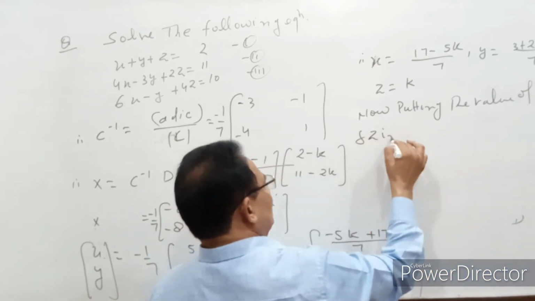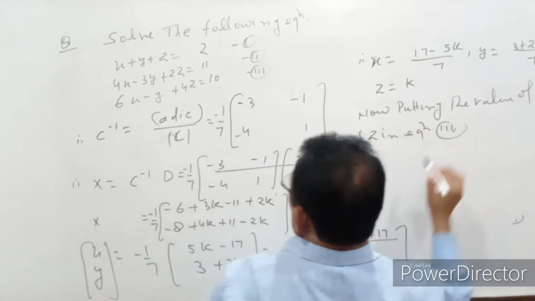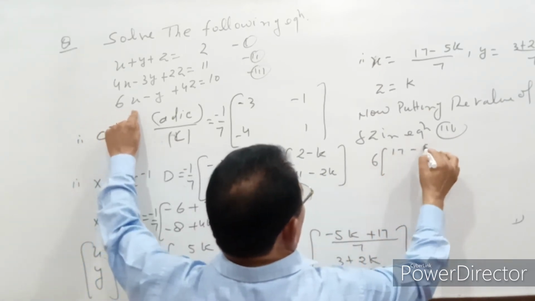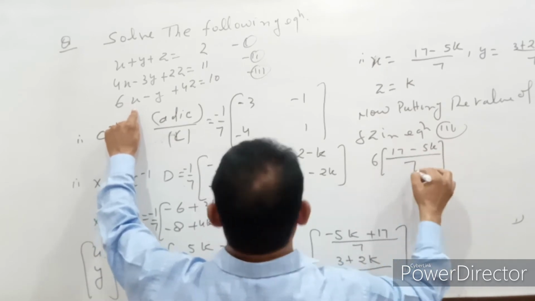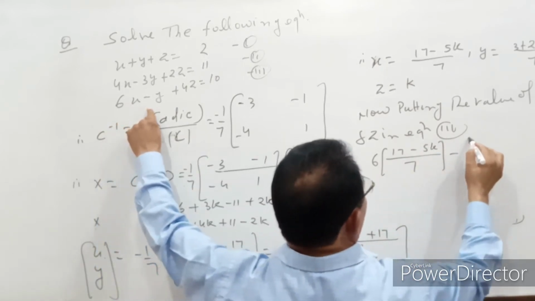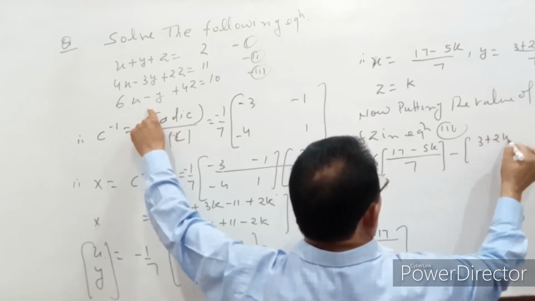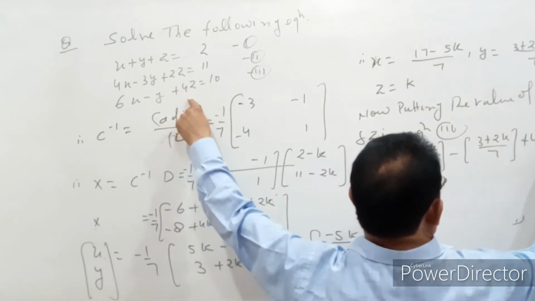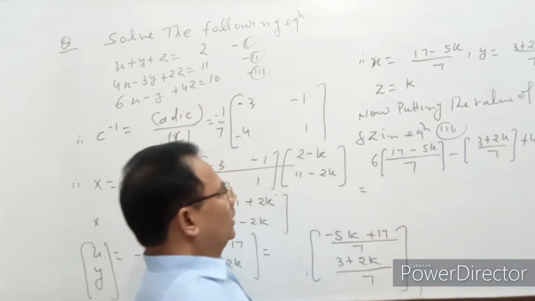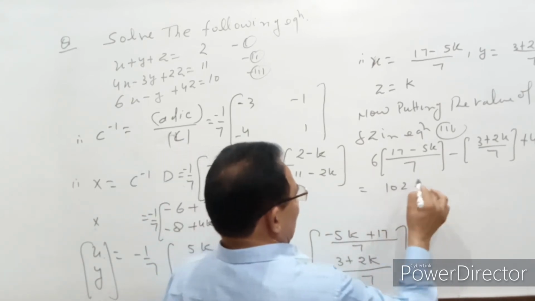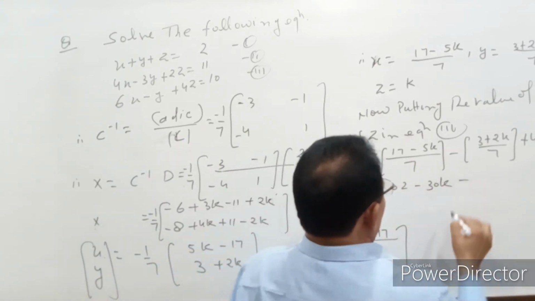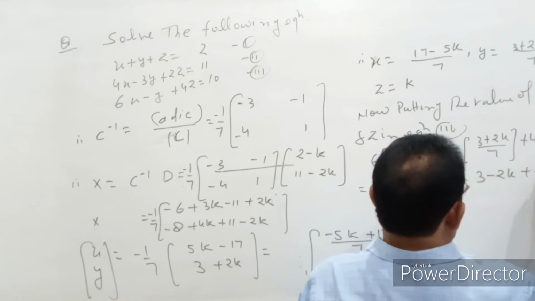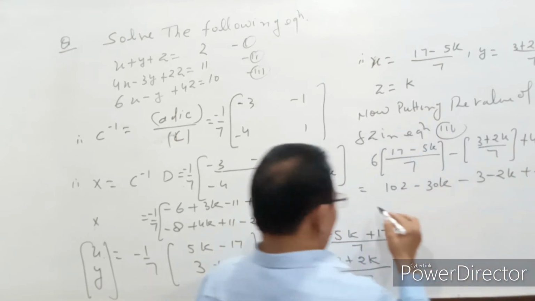and z in equation third. We will put in the third equation: 6 into 17 minus 5k upon 7 minus 3 plus 2k upon 7 plus 4k is equal to 10. That is 102 minus 30k, minus 3 minus 2k plus 28k is equal to 70.